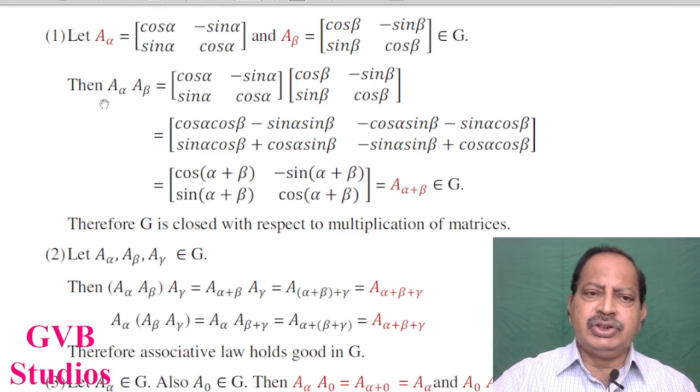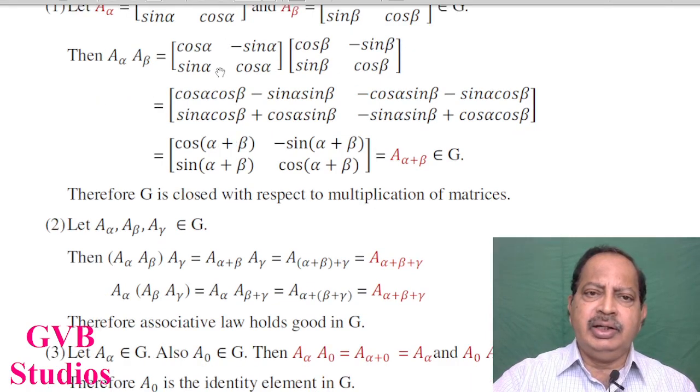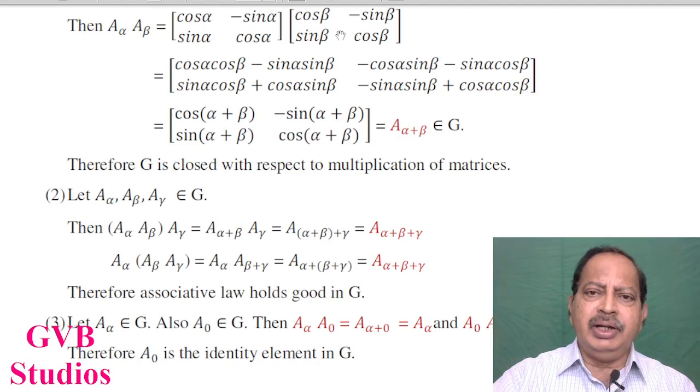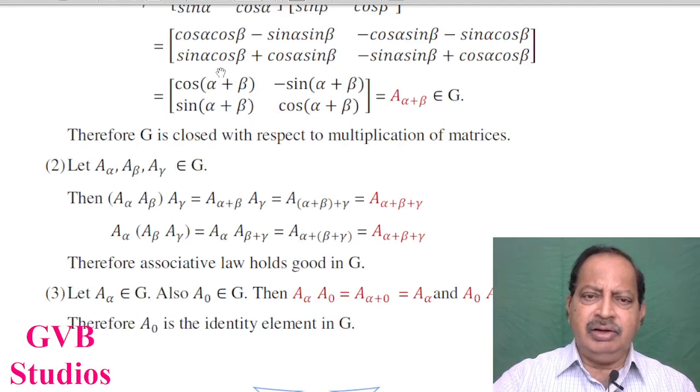I am multiplying these. A alpha into A beta is equal to the matrix cos alpha, minus sin alpha, sin alpha, cos alpha, times cos beta, minus sin beta, sin beta, cos beta. On multiplication, I get cos alpha cos beta minus sin alpha sin beta, then minus cos alpha sin beta minus sin alpha cos beta, then sin alpha cos beta plus cos alpha sin beta, and in the second row, second column, minus sin alpha sin beta plus cos alpha cos beta.